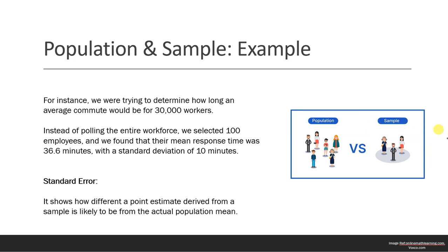For that reason, a sample will work for us. Whatever value the sample gives, we will estimate it as a value that helps us understand the mean commute time and the standard deviation of that value.